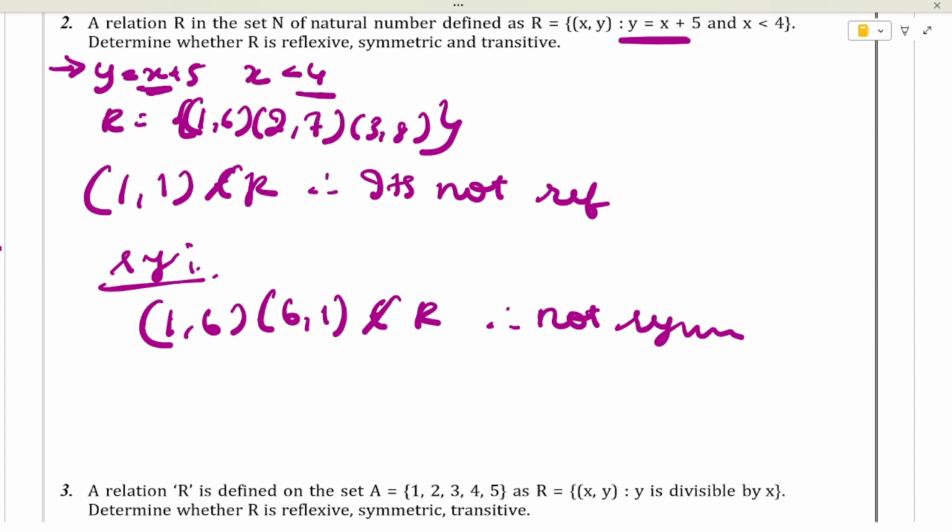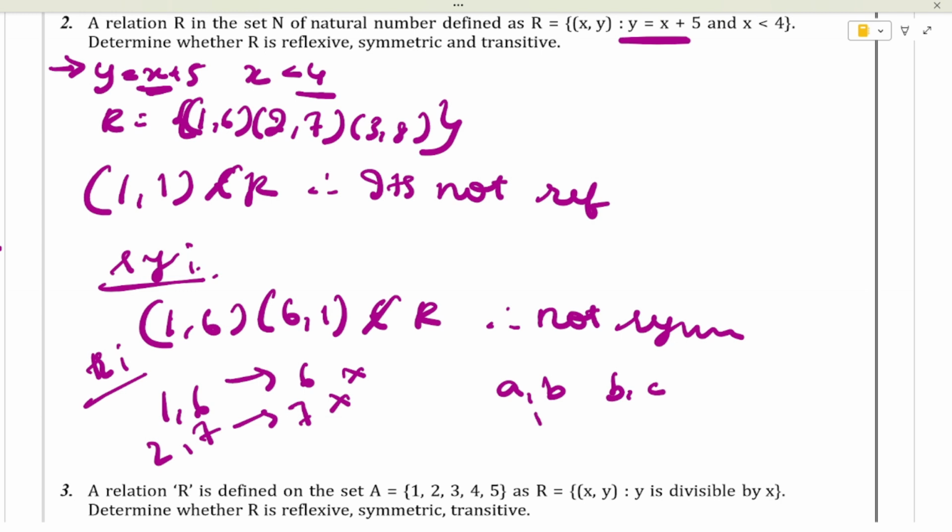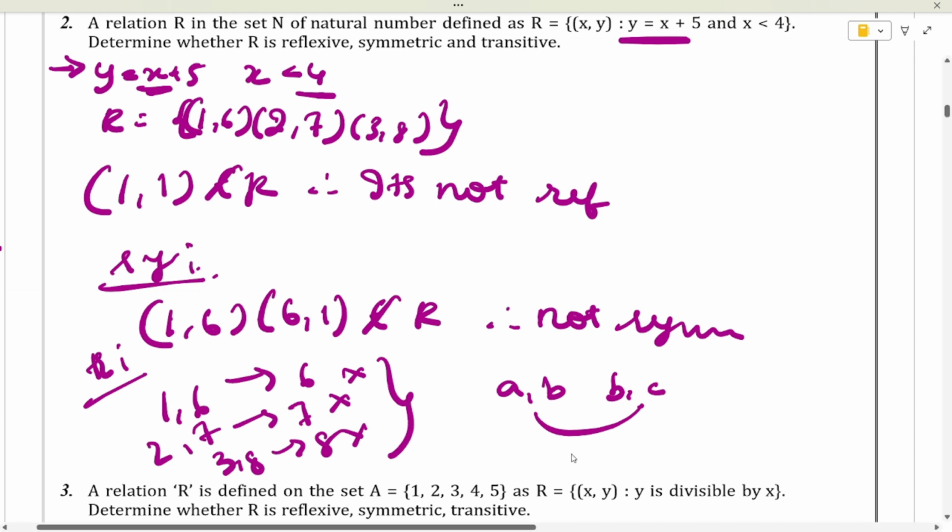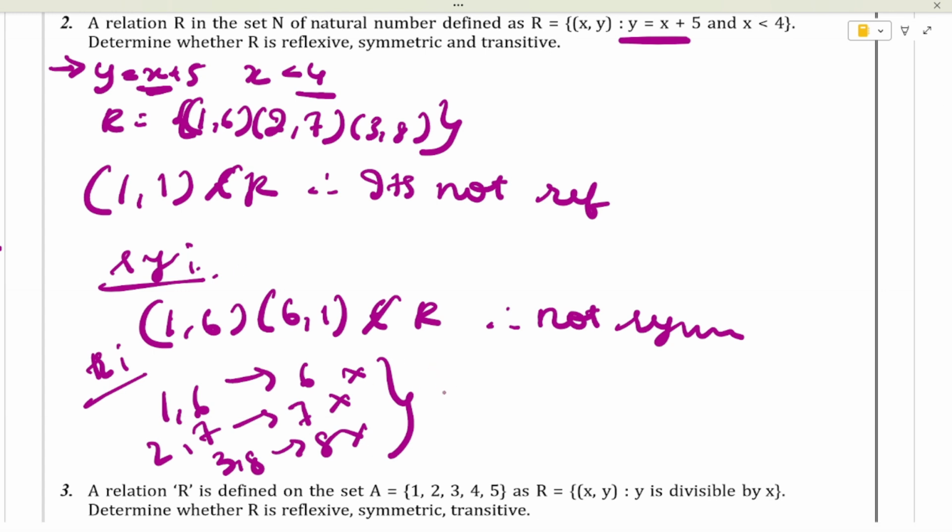Now we should see for transitivity. You can take 1 comma 6, and 6 is not starting in any of the pairs. You can take 2 comma 7, and 7 is also not starting in any pair, because you want AB and BC to show AC. Even if you take the next, 3 comma 8, 8 is also not starting. This condition you call vacuously true, so you can say that it is transitive.